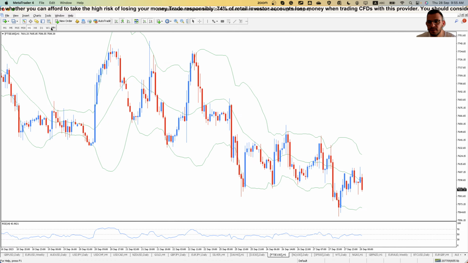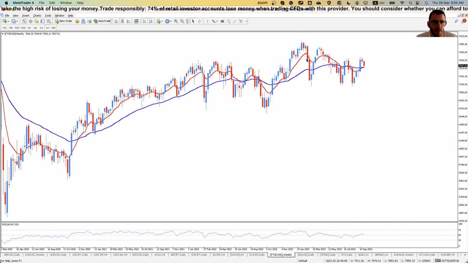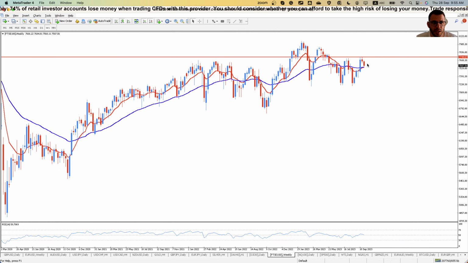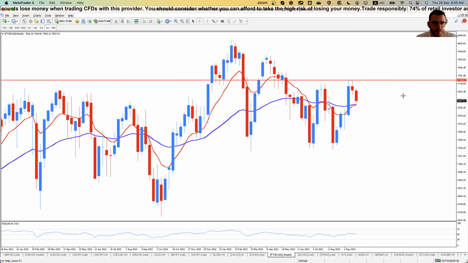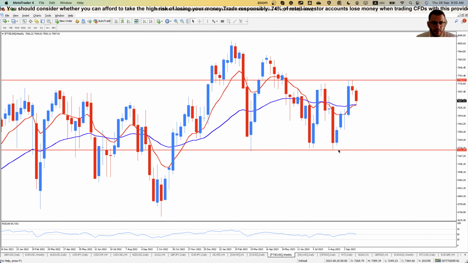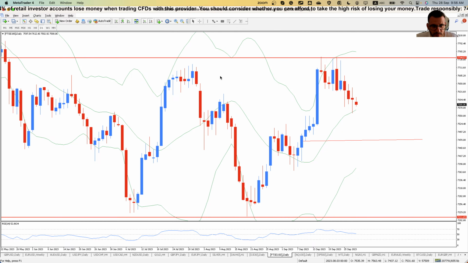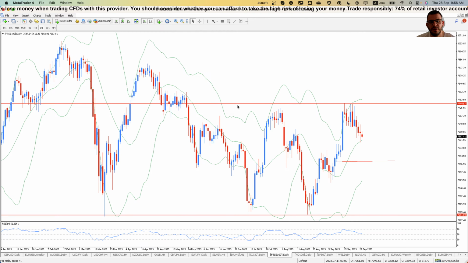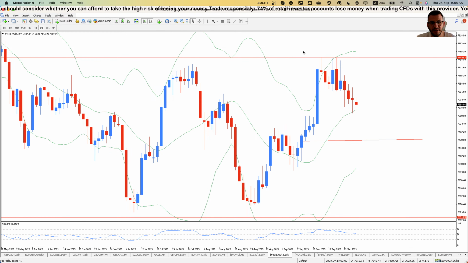FTSE 100, weekly chart, high here, and there is an obvious low there, but prior to that there is a low here that market can test. So it's within this long-term consolidation, and ideally we sell support and we buy resistance with price action.